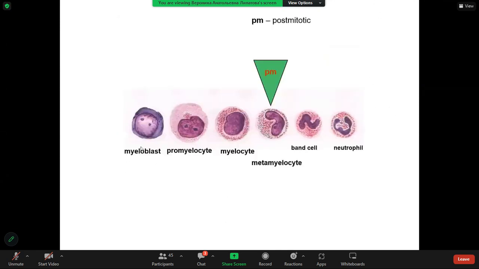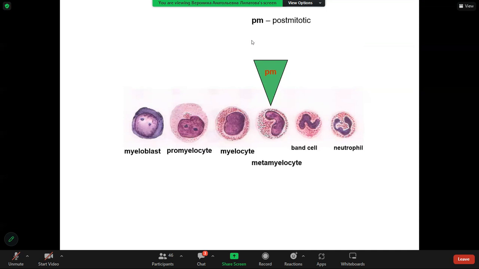Okay. Here the same, myeloblast. What is this class? Class Blast. Number 4. Promyelocyte, myelocyte, metamyelocyte.